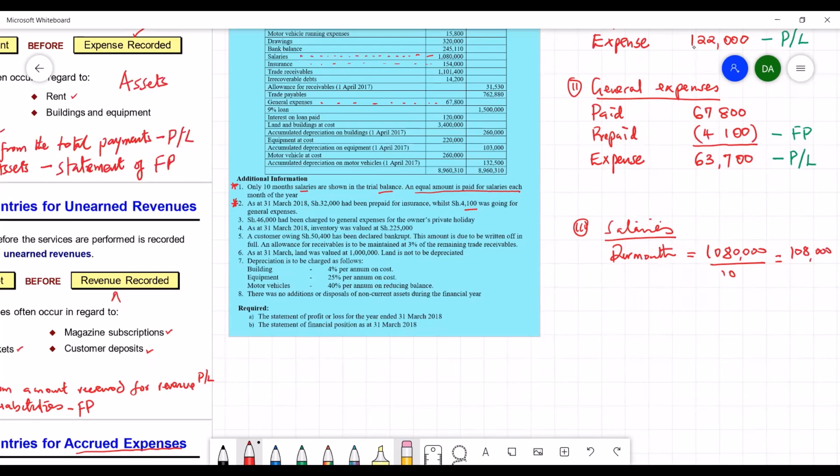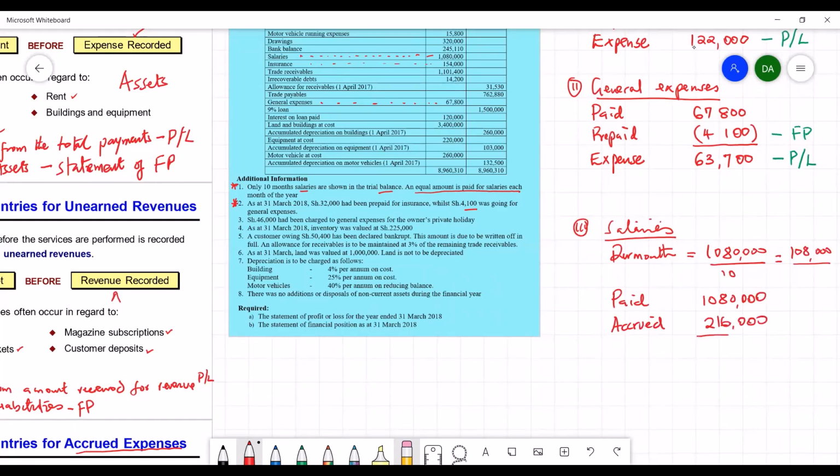Now already paid salary is equal to 1,080,000. Salary accrued, not yet paid, is 108 multiplied by 2, and that is going to be 216,000. That is not yet paid.